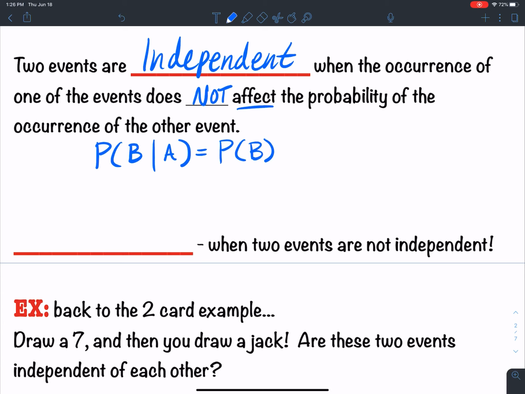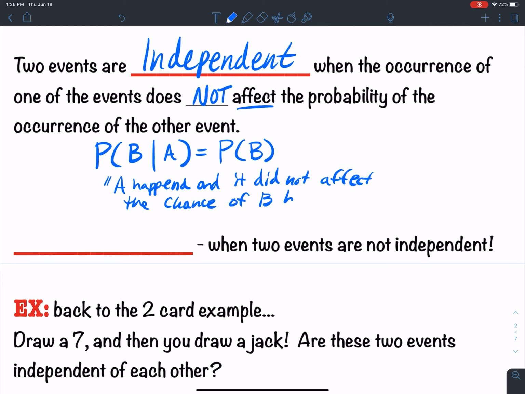So this says A happened and it did not affect the chance of B happening. If that is the case, then the two events are independent of each other. One event does not affect the probability of the other event happening.